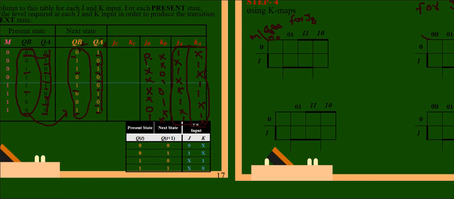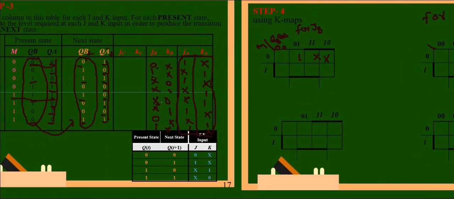Then where 1 is present, 0 1, 1 0, 1 1 are don't care, so JB is X for all of those. Similarly 1 1 0 is again X, don't care. The last one, 1 0 0, is 1.